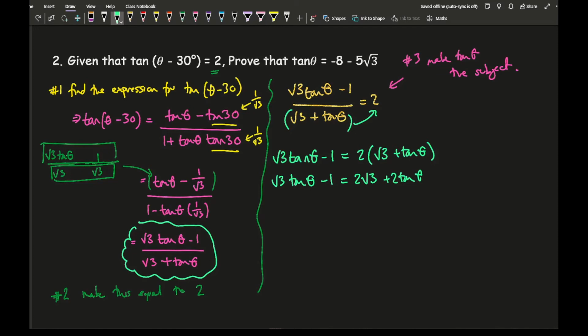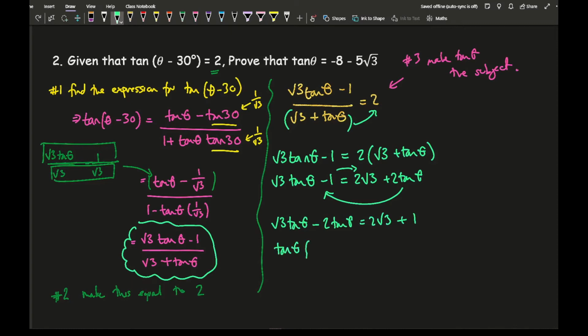Take this 2 tan theta over to the side and take the minus 1 over to the other side, which we end up with, oh no, let's correct that: root 3 tan theta minus 2 tan theta equals 2 root 3 plus 1. Then we can factorize.